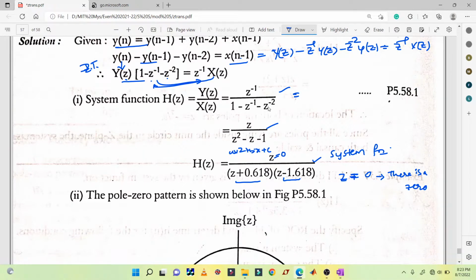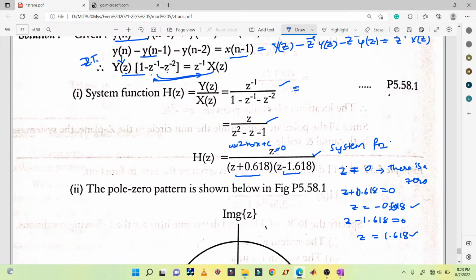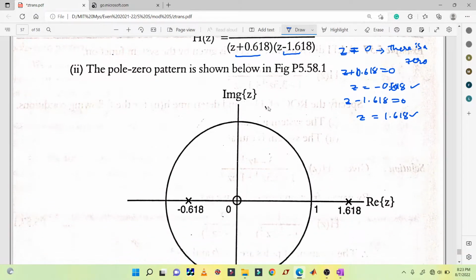Now if you substitute z plus 0.618 equal to 0, this will become z is equal to minus 0.618. This is one pole. Okay, second, z minus 1.618 is equal to 0. If you substitute, z will be equal to 1.618. This is another pole.